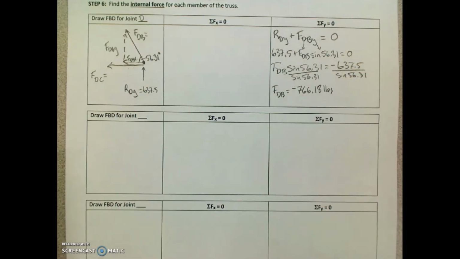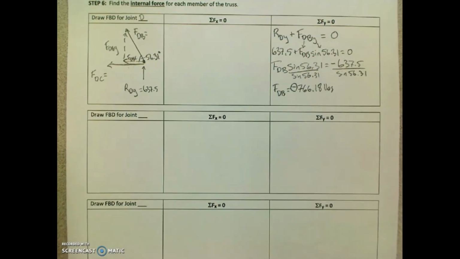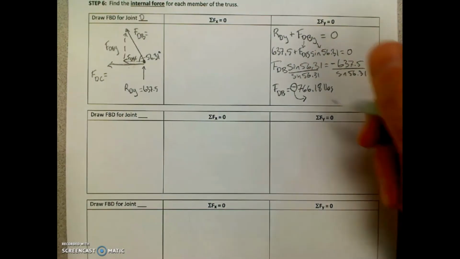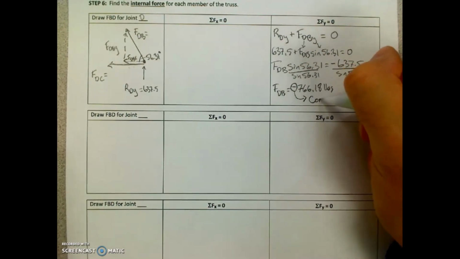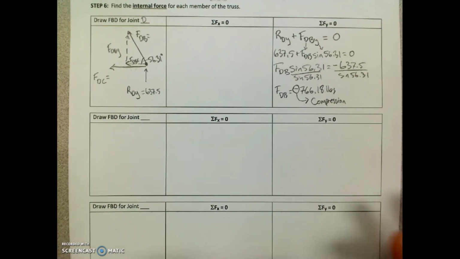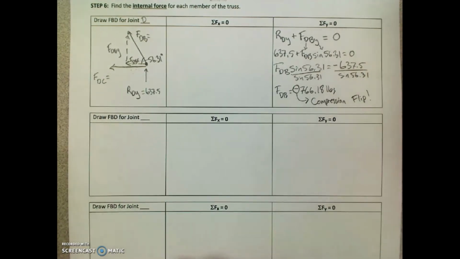Now we've got a little bit of an issue. This guy came out negative. So our initial guess was not correct, which means that this guy is not in tension, it's in compression. So this should actually be kind of squeezing our joint. So we've got to flip it.